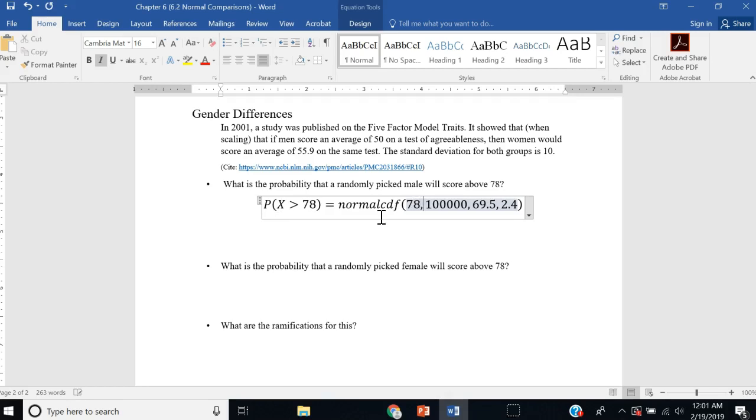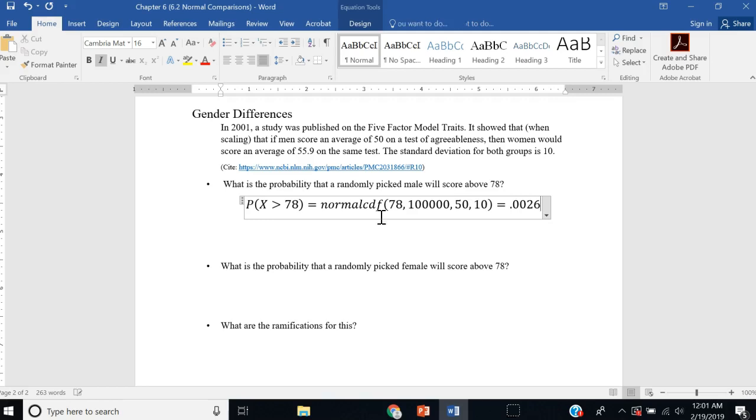So we go 78 to a really high number. The average for males is, we said, 50 with a standard deviation of 10. And so if we calculate that on our calculator, we find that it becomes 0.0025. Actually, I'm sorry, 0.0026 rounded to 4 decimal places.